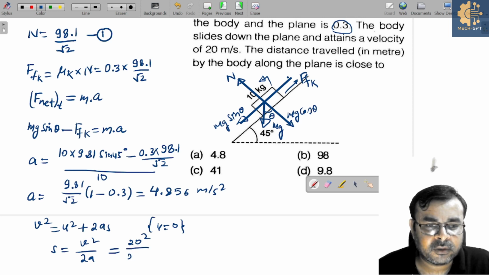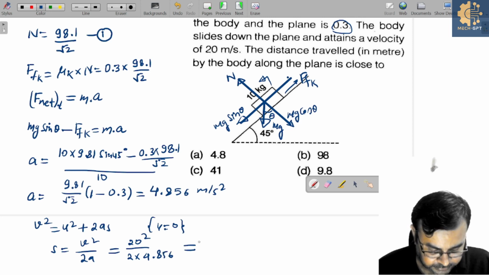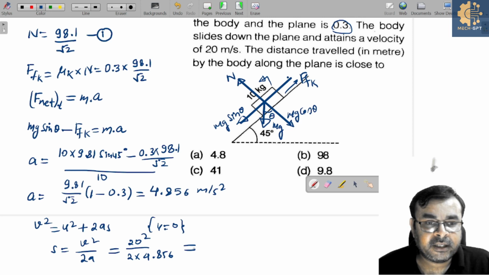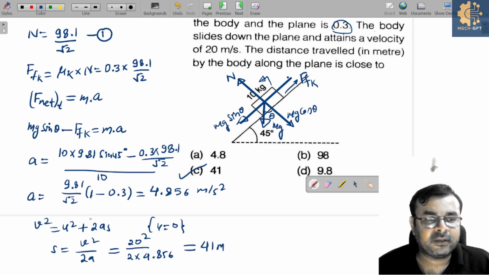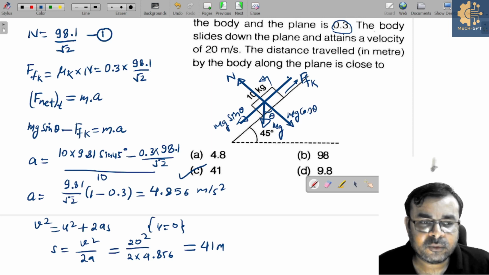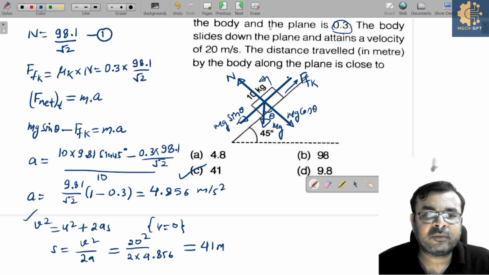So 20 square over 2 into 4.856. So after solving this, here we can get a 41 meter distance. So option C is the right one. So from this question you need to actually calculate acceleration, and once you get acceleration, then by using this you will get the displacement, yes or no?